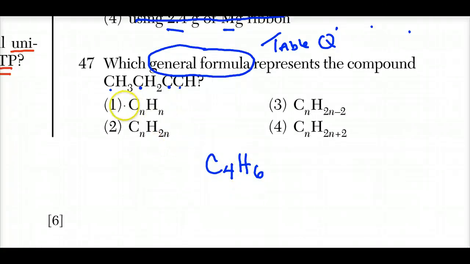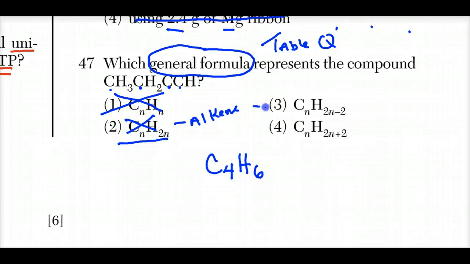So which formula? Well, I can cross off number 1 because this says CnH2n, meaning the number of carbons will always equal the hydrogens. Well, that's not the case. They're different. I can cross off number 2 because number 2, which by the way is the alkenes listed in Table Q, has double the amount of H's compared to carbon. Well, if this was correct, this would be C4H8. So that's not going to work.